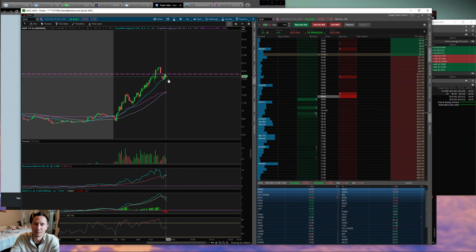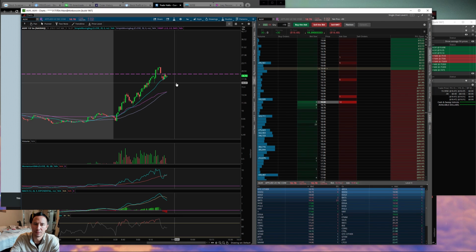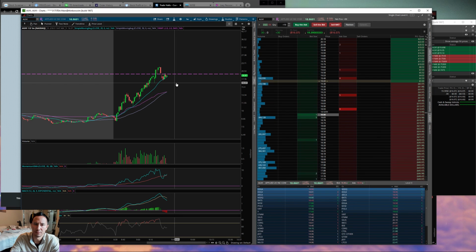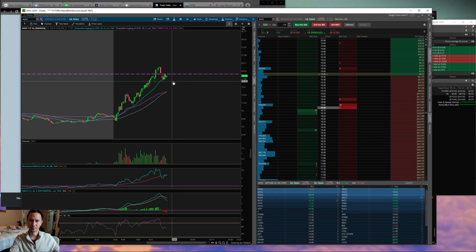I'm going to see if it reverses on this candle. If this candle doesn't reverse and continue up, I need to dip out.